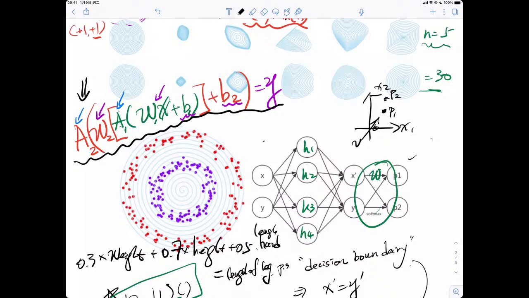Sometimes we may argue: what does the weight stand for? Why is it so strange? What is the semantic definition of 0.3 times your weight? But actually, it does not mean the weight.